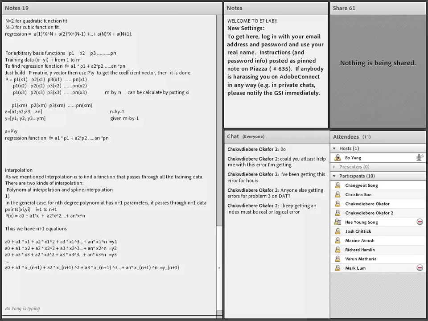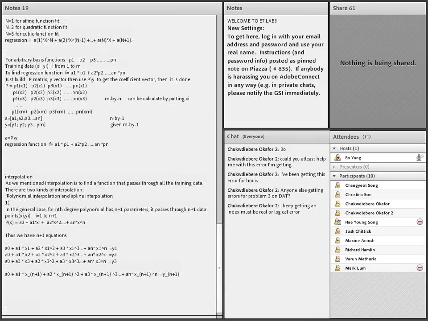It's easy to see n plus 1 unknowns and n plus 1 equations. It is a square linear system. So to solve the square linear system, we just write this linear system into matrix form, and we use backslash to get the coefficients.